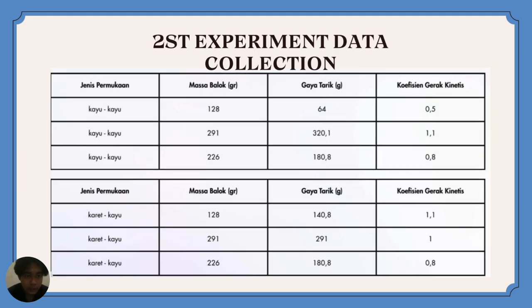Next slide, the same experiment data for correlation. In this slide you look at wood and coefficient kinetics 0.5 and 1.1 and 0.6, and the coefficient kinetics 1.1, and wood and elasticity 1, and elasticity wood is 0.8. Next.